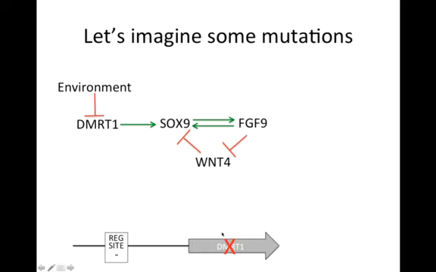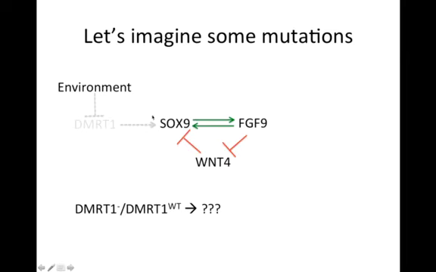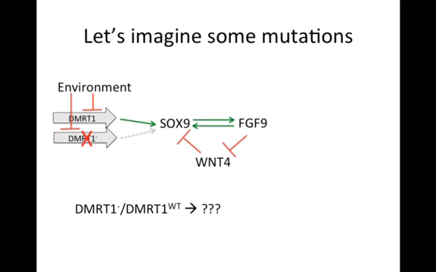Well, let's think about a different kind of mutation. So what if we had a mutation in DMRT1 such that it didn't function? So if this is just knocked out overall, then it will never express DMRT1, so we'll never stimulate SOX9. So again, we could ask, well, what do we expect in the case of different diploid genotypes? So here are our two genotypes again. Here we're saying that the one on the bottom is a knockout allele of DMRT1.